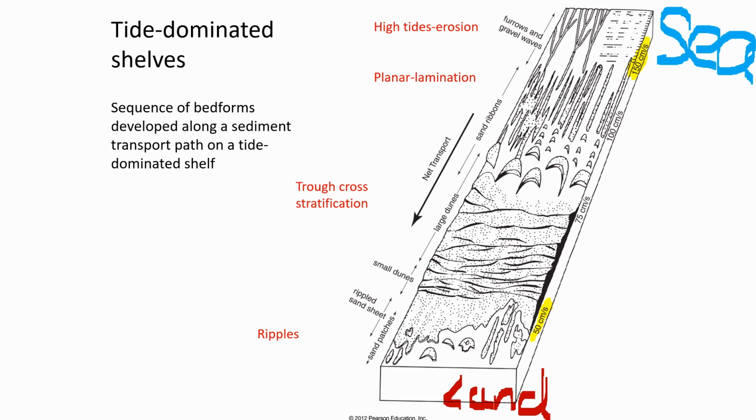Therefore, as it reaches up to its highest point, the velocity will decrease, and when it retreats to the seawater, the velocity will increase. Therefore, there are different depositional textures and structures resulting from this tidal current process.